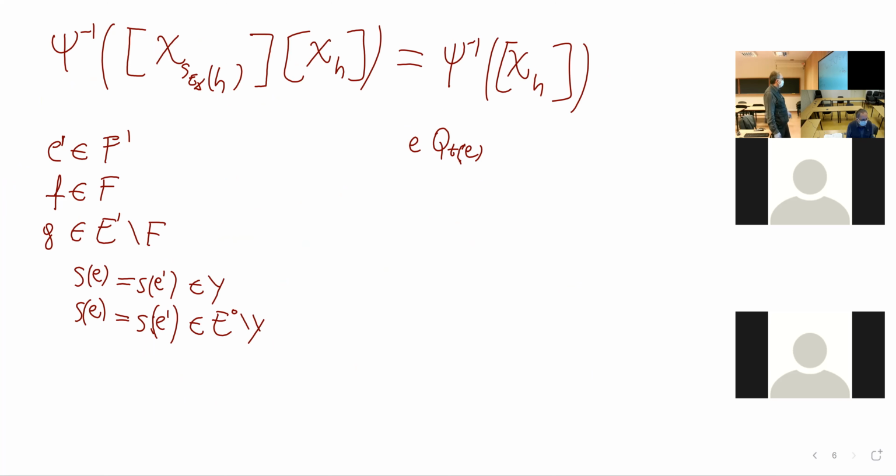Now again we have two cases, depending on where E prime begins, which is the same as depending on where E begins. If E begins beyond Y, then nothing happens. Psi inverse is just the identity, and this will be just S of E. So in the first case, it will be this times S of E. Of course, this is absorbed, and this is E QTE, and this is precisely psi inverse applied to chi E.